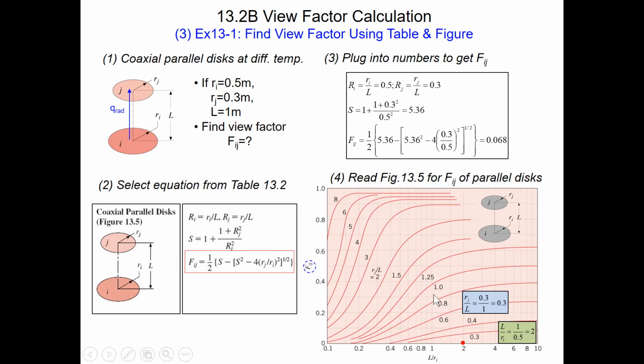Those solid red lines represent how the view factor changes with the ratio of L over Ri for different values of Rj over L. For our case, the ratio is 0.3, which is represented by this solid line. Next, we start with 2, go straight up, intersect with the line of 0.3, then go straight to the left. Finally, we can read the view factor value.